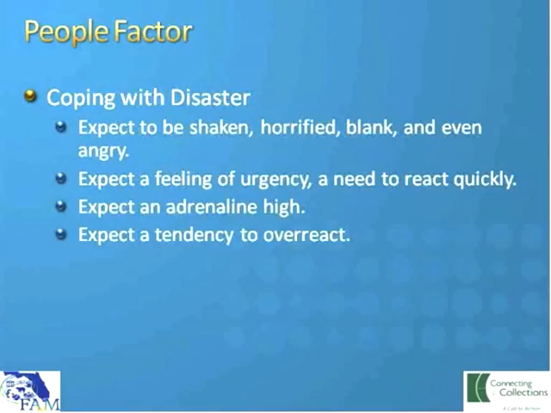One of the things is a feeling of urgency and need to react quickly, and it is important that the emergency coordinator, the problem solver, as I call it, be the person to say, step back, take a calm breath. What do we need to do first? What is our priority? You may expect an adrenaline high, which is true, but that's always followed by an adrenaline low, which is to be avoided.